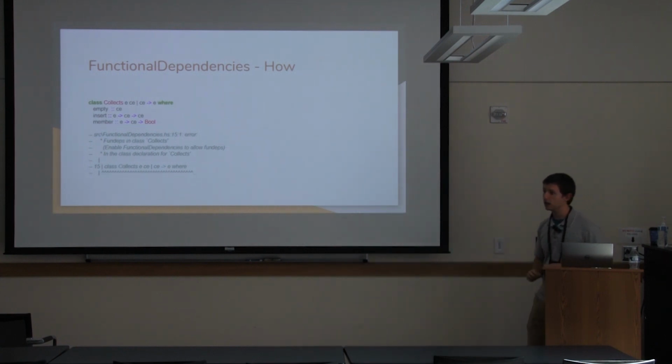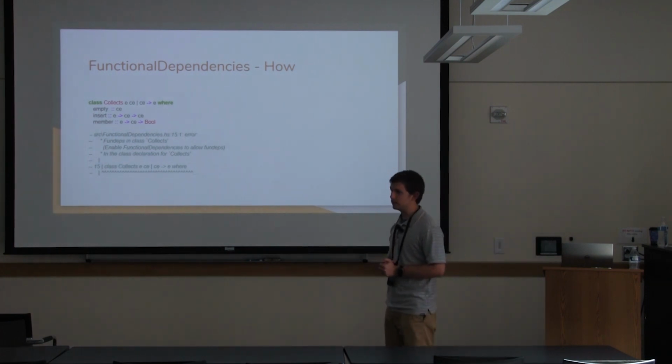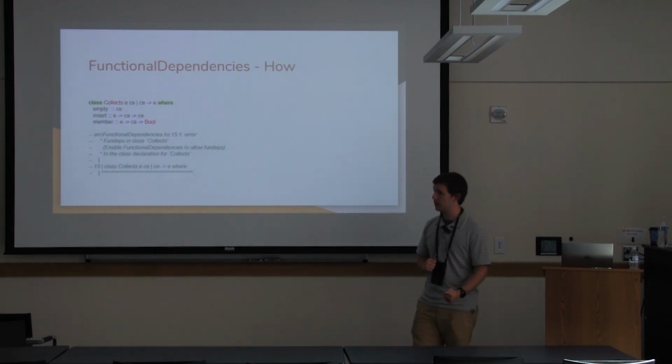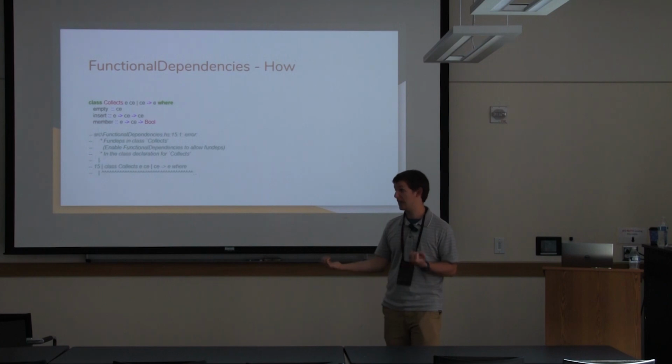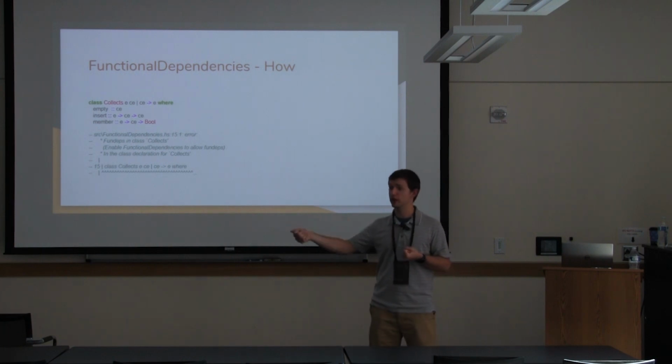So in a way, this functional dependency c to e is a type level function: c, it returns e. It's not a type level function in the sense that it transforms between the types. There does not have to be any kind of real transformation or morphism between those two types. It just says that if you see int in this function, I know that the other thing is string.